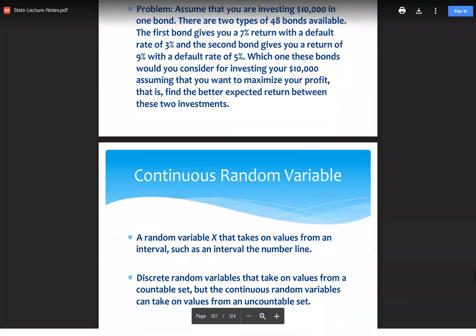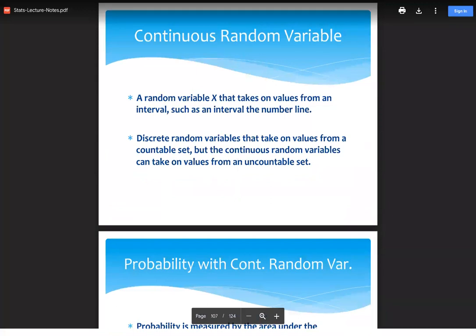All right. Next topic we are going to talk about is continuous random variable. So far, we have discussed discrete random variables, and we have considered two probability distributions with discrete random variables, namely binomial distribution and what? Poisson distribution.